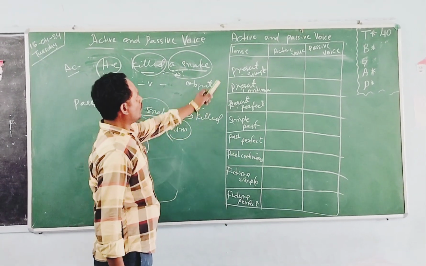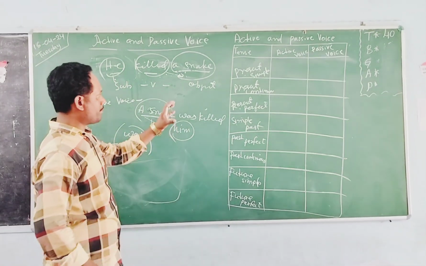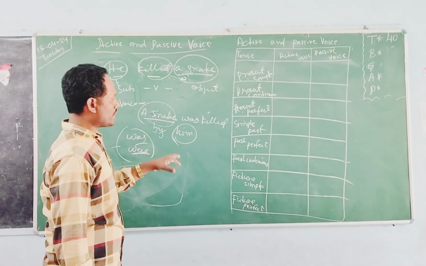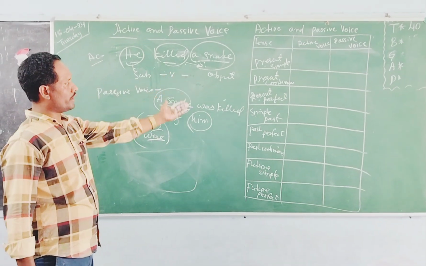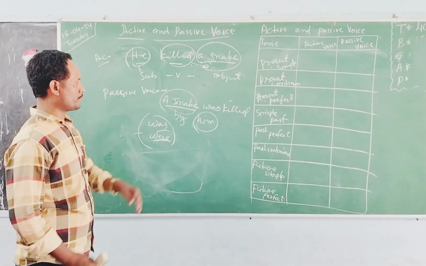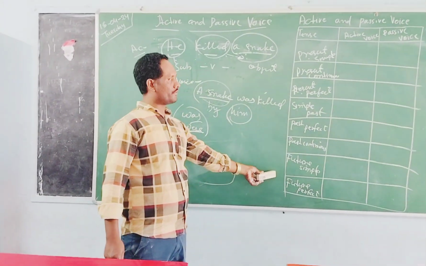So these are the 1, 2, 3, 4, 5, 6, 7, 8. So we are taking present 3, past 3, and future 2. So in total we are taking 8 tenses in active and passive voice.